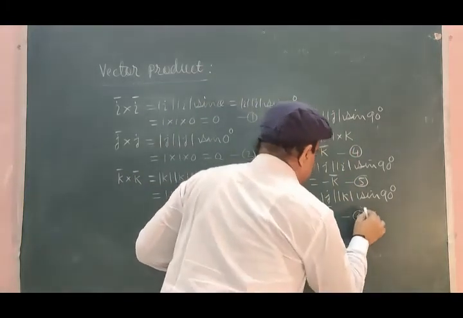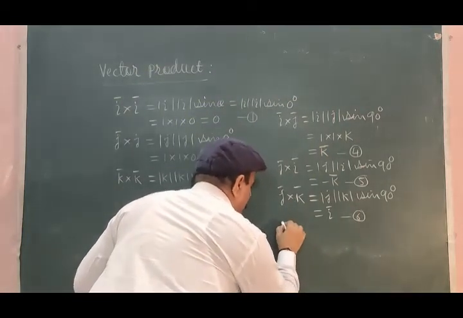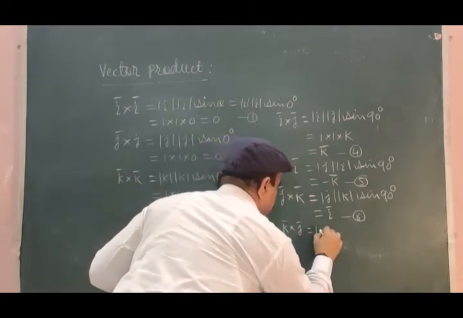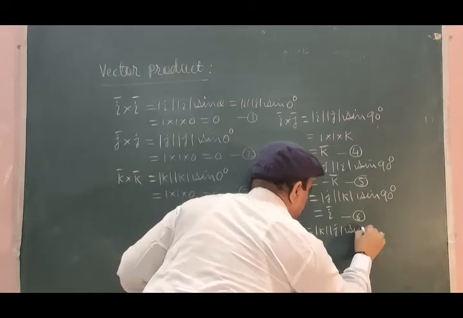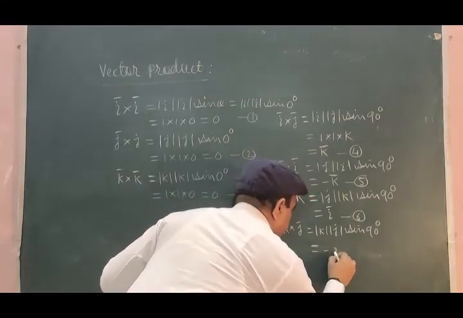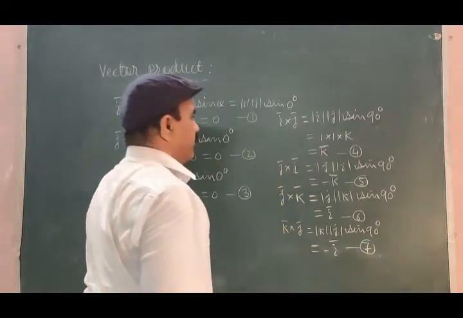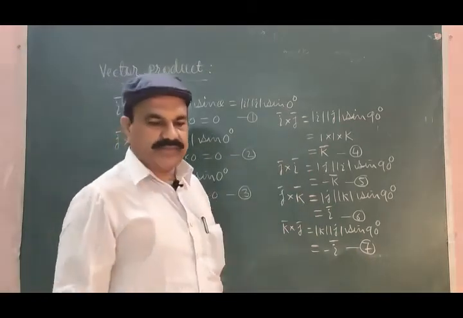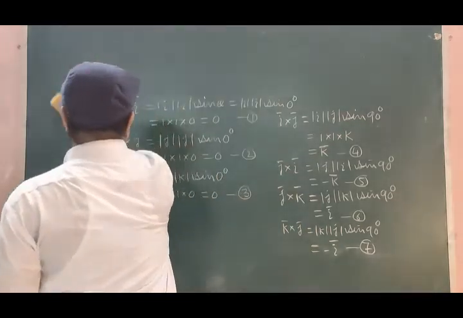Equation number 6. If we do the opposite of this, k cross j is minus i, rule number 7. Then two more are left.